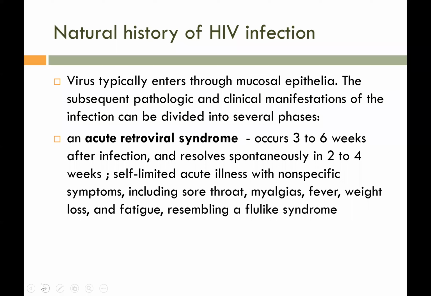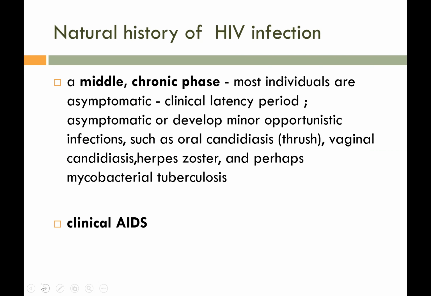Clinically speaking, the acute retroviral syndrome is the clinical presentation of the initial spread of the virus and the host response. So now, it is followed by what we call the middle or the chronic phase, otherwise known as the phase of clinical latency.